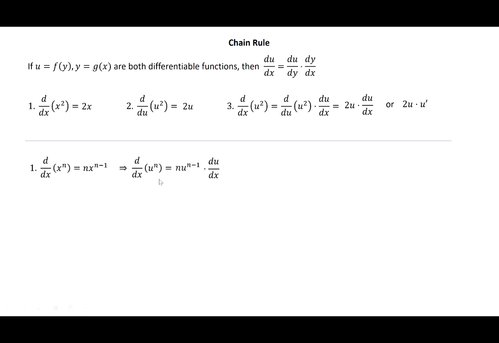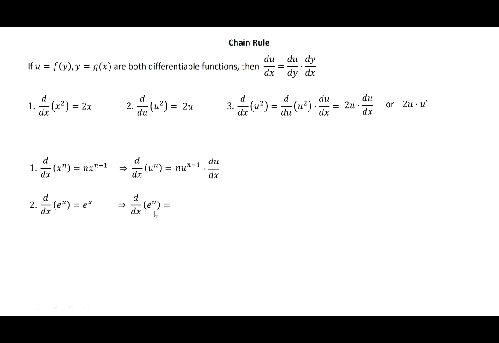Cool? Next, we know d/dx of e to the x equals e to the x. I'm writing these things because I want to relate it to something that you already know, and just make a small change to what you already know, and you got the new thing mastered. So d/dx of e to the x is e to the x. So I'm going to ask you, what is d/dx of e to the u?